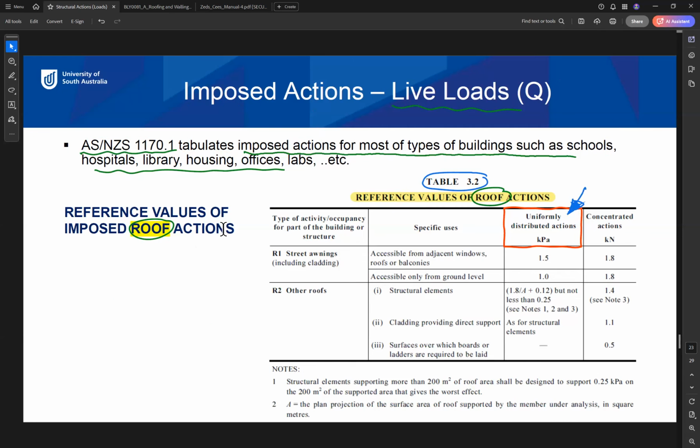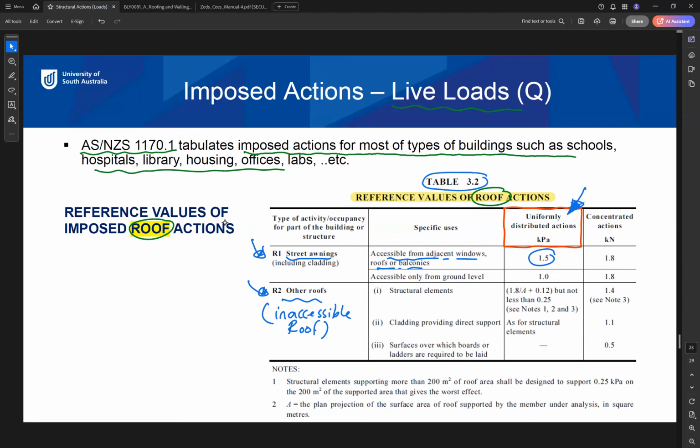Okay. So for example here for roof, we have two types. We have street awnings and other roof. For example, if we have street awnings, accessible from adjacent windows, roofs, and or balconies, it can be taken as 1.5. Other roofs means inaccessible roof.